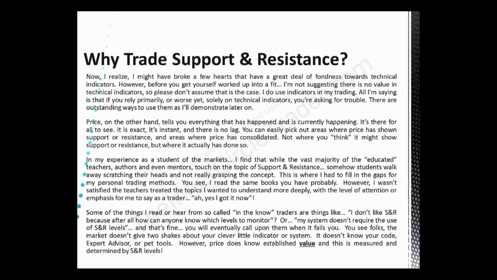Resistance provides you a means of supply, and support provides you a means of demand.